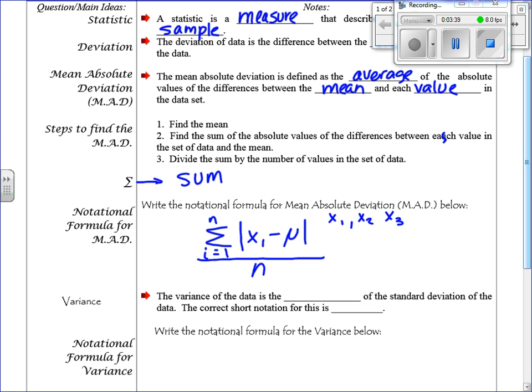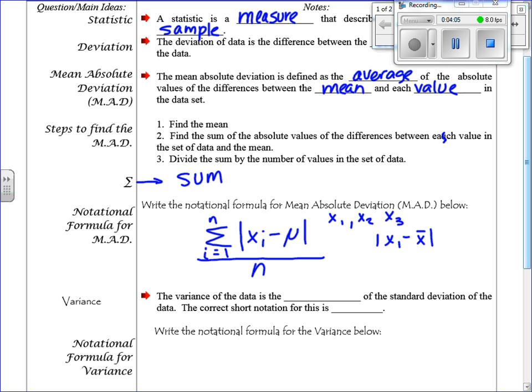All right, what I would do is I would say, okay, the absolute value of x sub 1 minus the mean, all right, and we can go ahead and represent that like that.